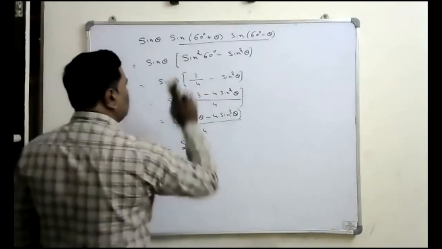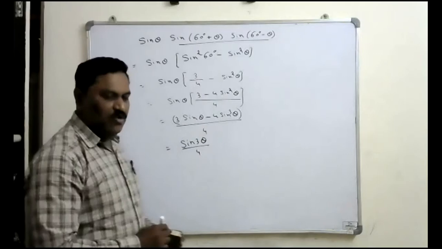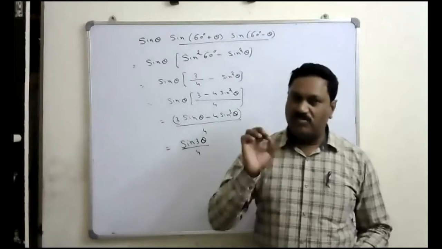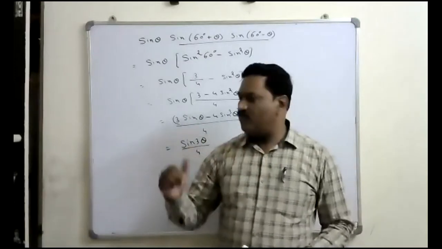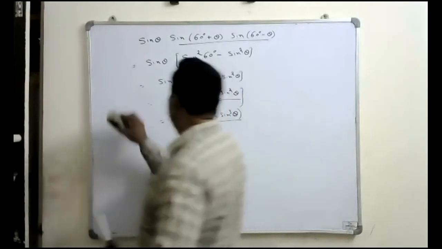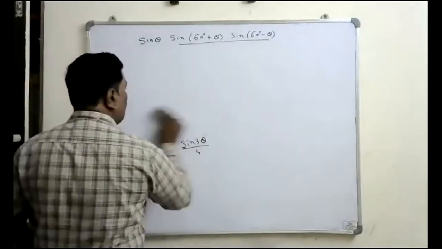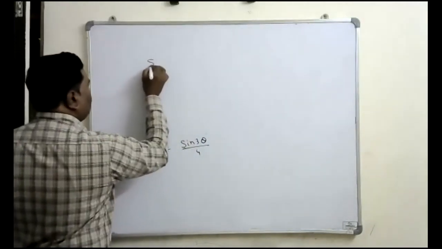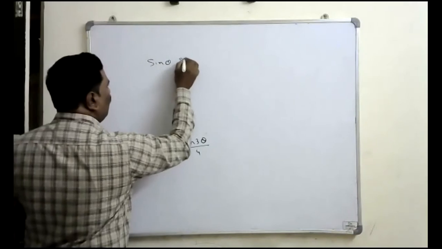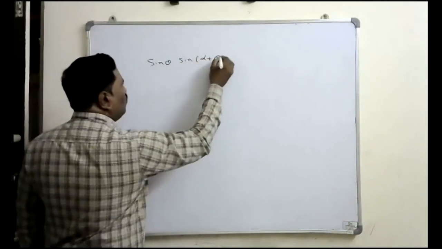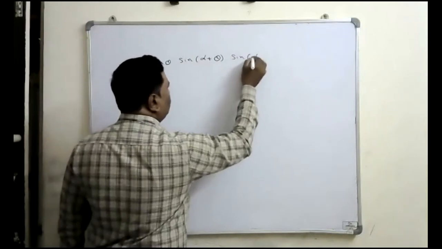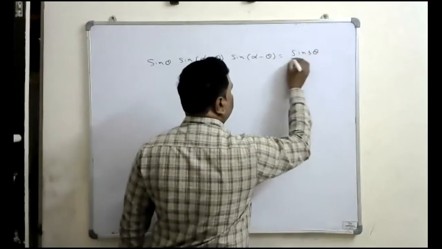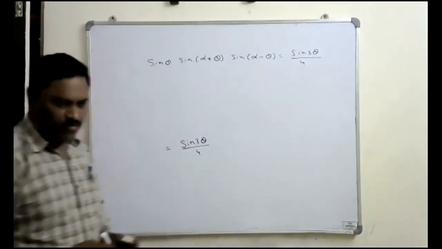But here, not only 60 degree, in place of 60 we may also have 120 degree, 240 degree, or 300 degrees. For all these angles we have the same result. That's why this result will be written like this: sin theta into sin of alpha plus theta into sin of alpha minus theta is equal to sin 3 theta by 4.